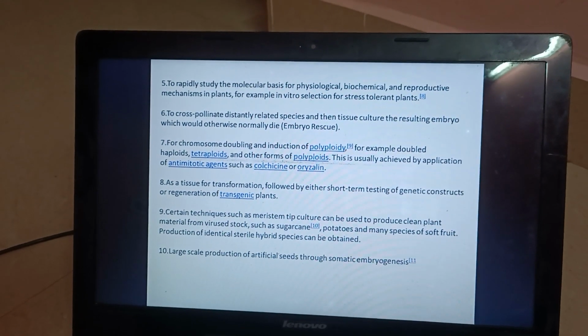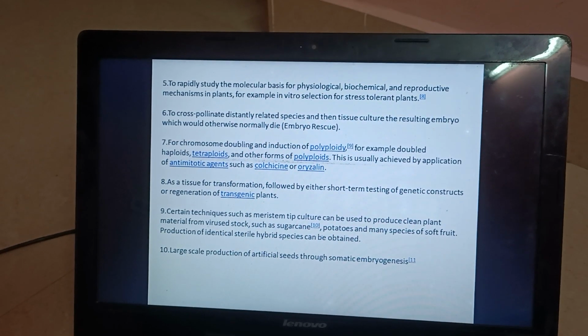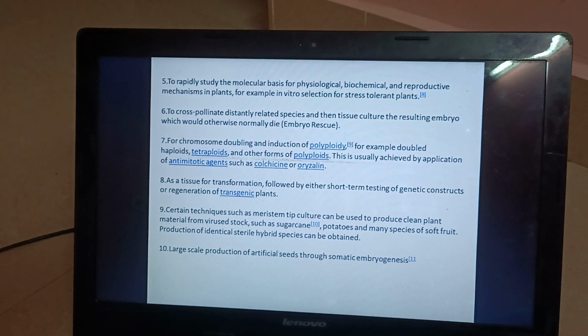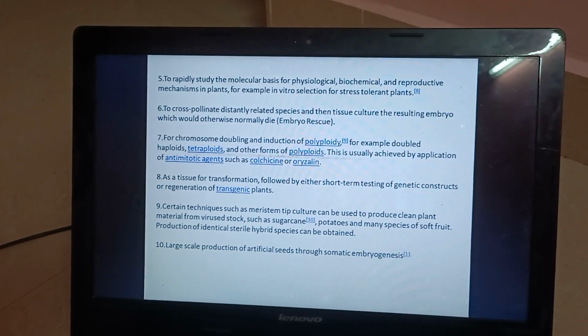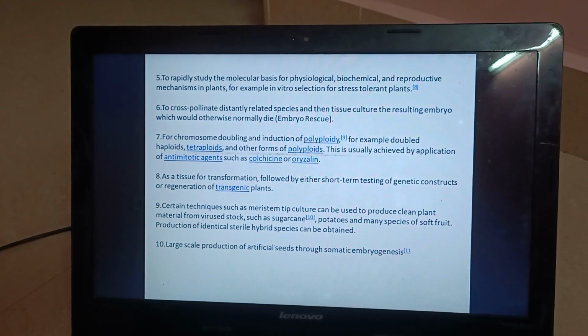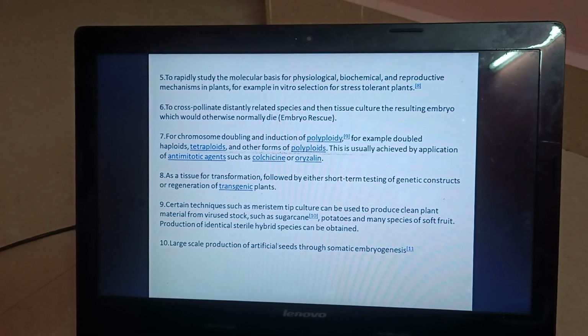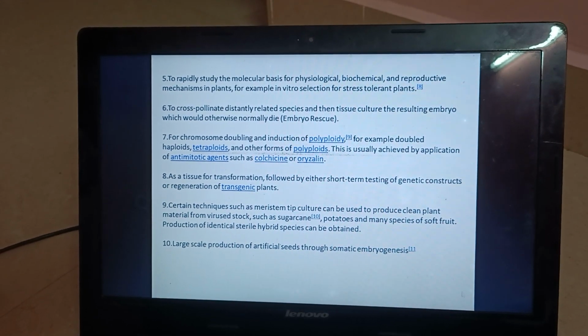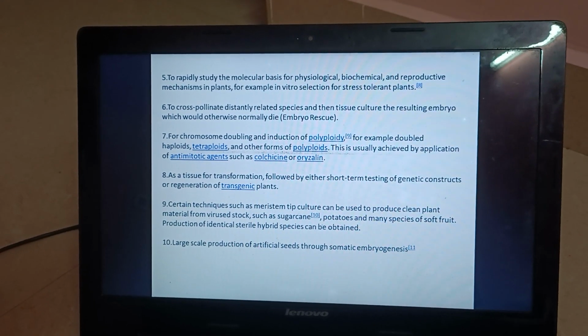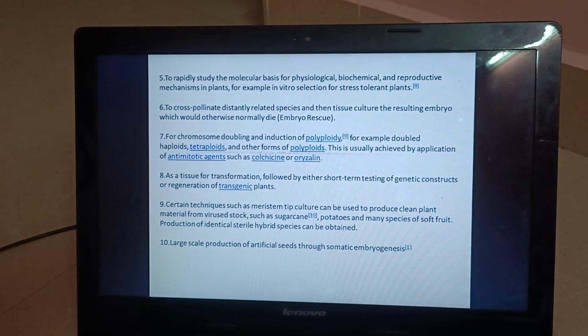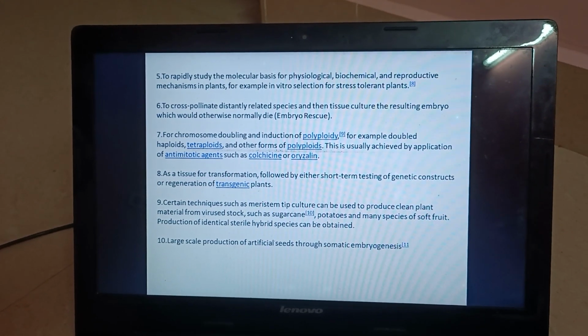Yes, we should do the regeneration of transgenic plants. Okay. Certain techniques such as meristem tip culture can be used to produce clean plant material from virus-infected stock such as sugar cane, potatoes, many species of soft fruit. Through production, identical sterile hybrid species can be obtained.